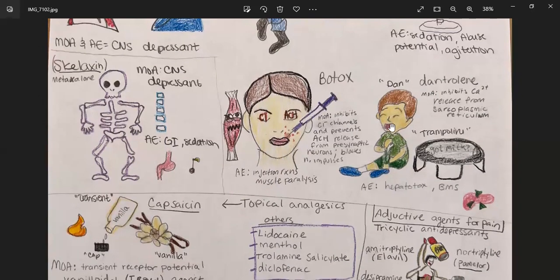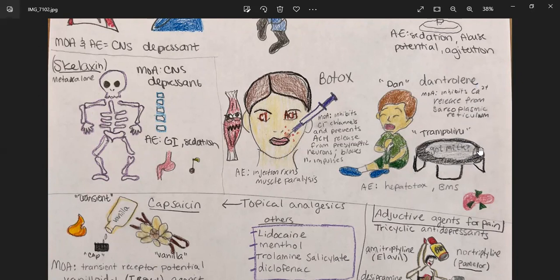And we have Dan. Dan was jumping on the trampoline and he fell off and broke his leg. So Dan on a trampoline for dantrolene. This mechanism of action is inhibiting calcium release from the sarcoplasmic reticulum. So sarcoplasmic reticulum is in your cells. So this trampoline is a circle like cells are.